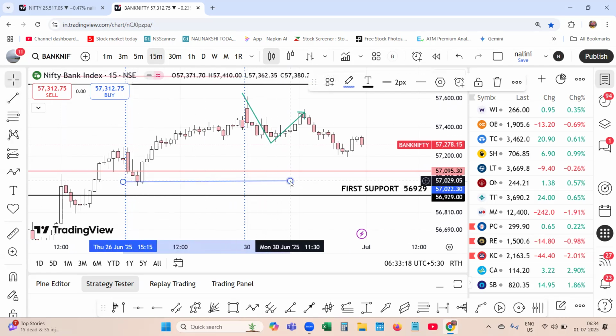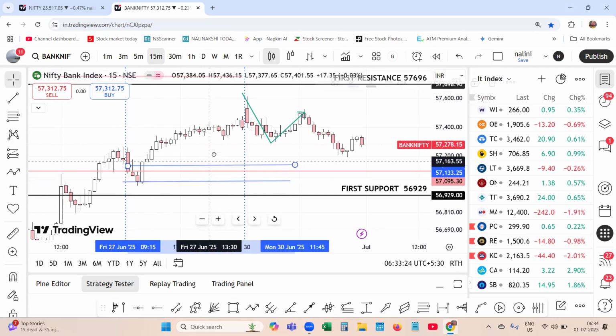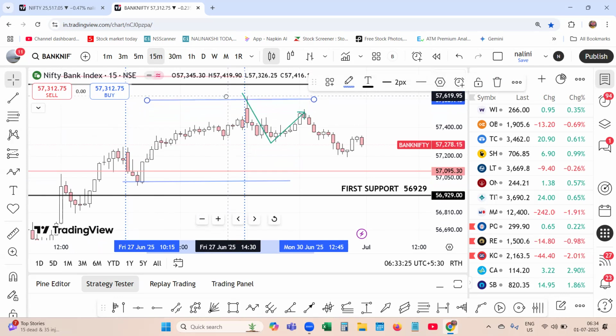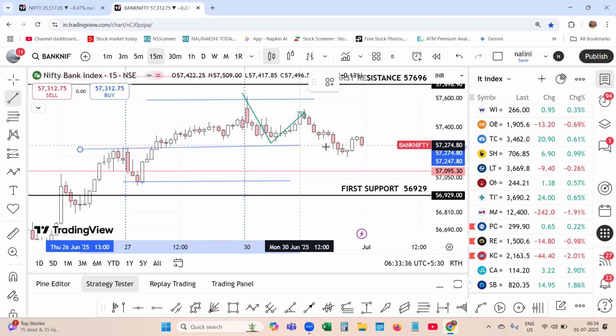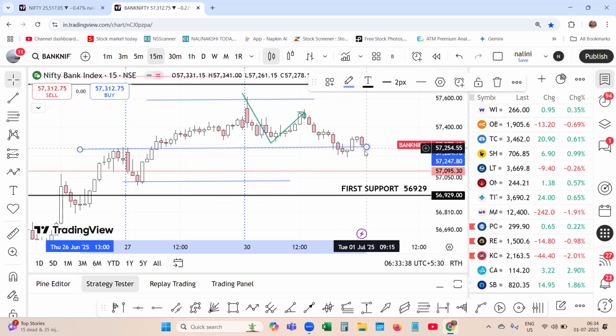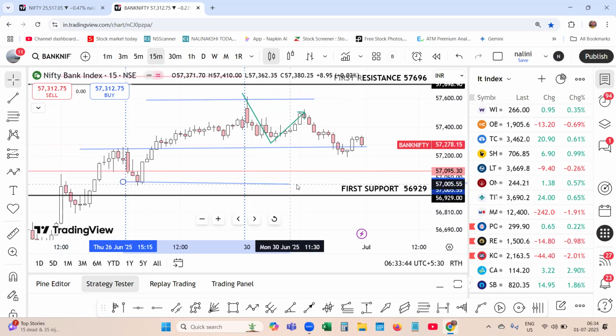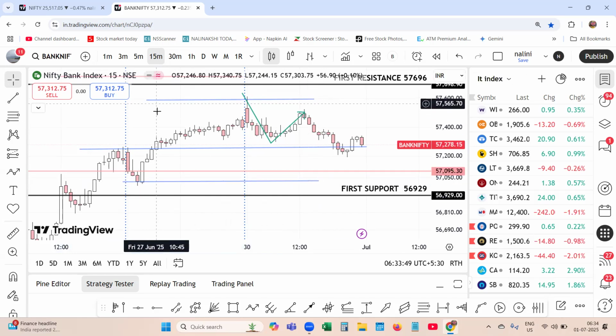This is the previous day low and this is the previous day high. Nothing has changed. No structural breakdown has happened in the market. It has just come down, and it is a breakout of the structure and it has come inside the previous day low. So there is no violation of the previous day boundary.